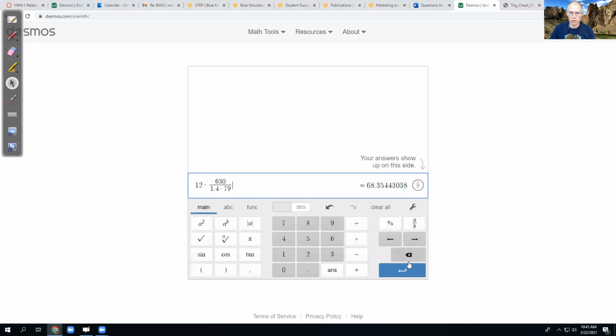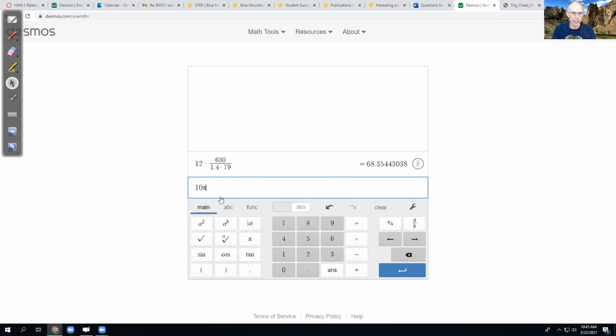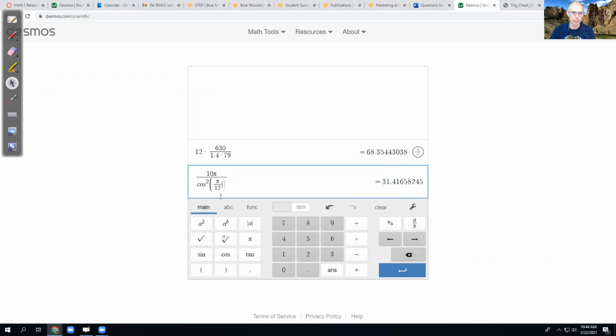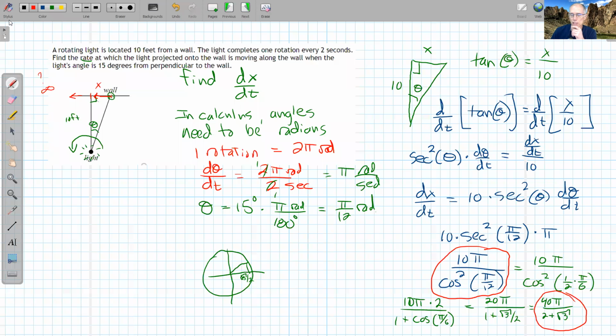So my first draft of the answer had 10 pi divided by the cosine squared, or we could have gone with the secant, pi over 12. Let's see, make sure we type it right. 10 pi over cosine squared, or 10 pi times secant squared. Check that one too.